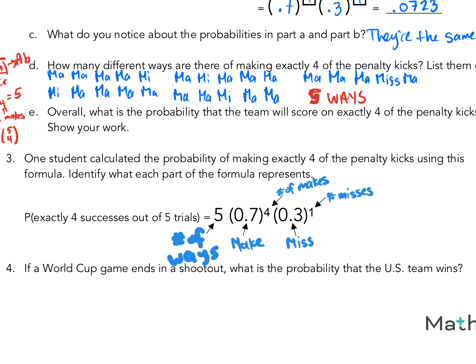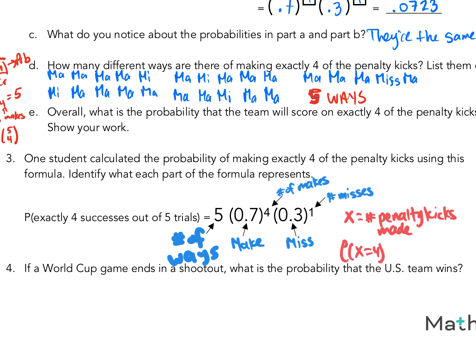Okay, so we just would type this into a calculator. Now, if I look at my formula sheet, remember we wanted to find what our random variable is. We're going to have X be the number of penalty kicks made. And then we set up nCr, P of X equals 4.